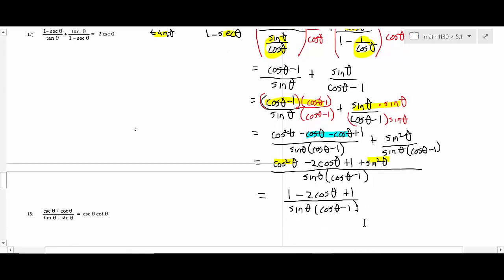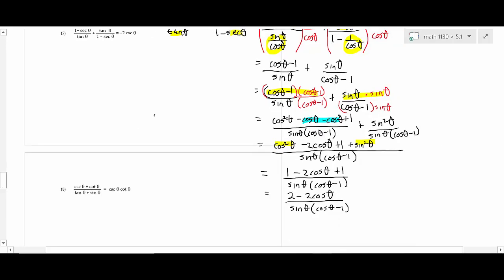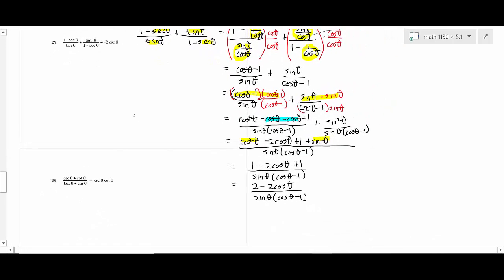Okay, so I'm getting closer. Now these are like terms. 1 plus 1 would be 2, minus 2 cosine theta, all over sine theta times cosine theta minus 1. Okay, this problem is one that takes up a whole page of paper. It's just the reality.